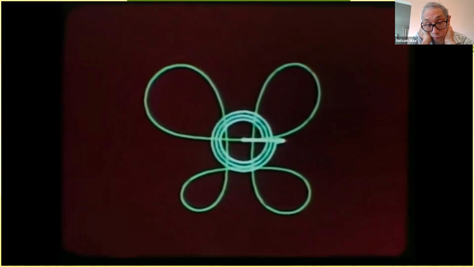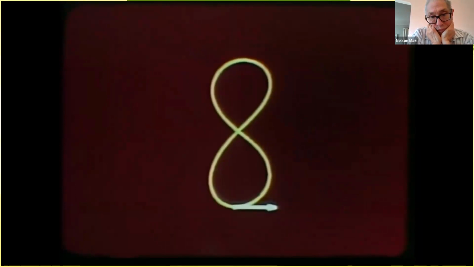Note that the rotation number is always an integer, since the tangent vector always returns to its initial direction. What is the rotation number of a figure 8? It is 0.